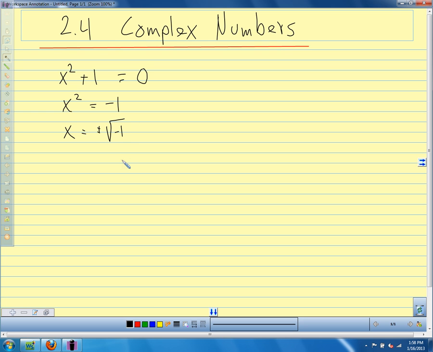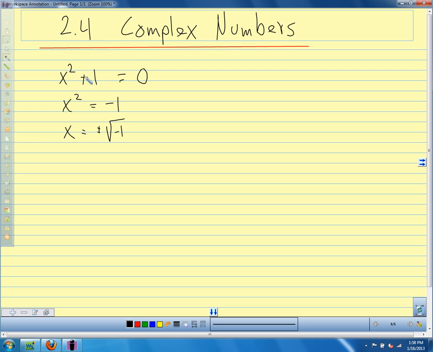Do we know what the square root of -1 is? i. So we know what it is, but if we were trying to come up with a solution like we've done on the board so far, that really doesn't give us much information.